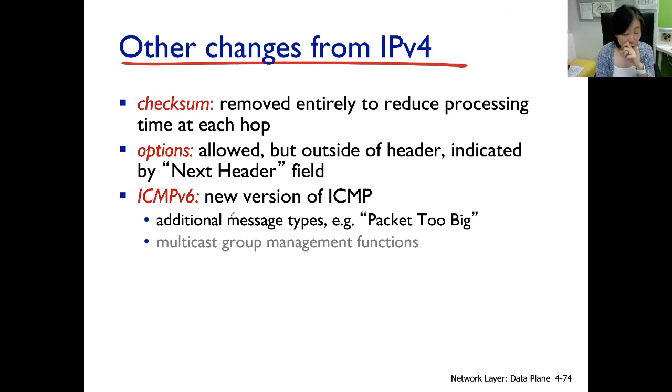Now, there are some more fields we remove, not just the fragmentation fields. The header checksum in the IPv4 header is removed because calculating the checksum takes time. Checking the checksum also takes time. So let's try to reduce the forwarding processing time as much as we can. So let's remove the checksum part, and take the risk of some bits in the header being flipped.